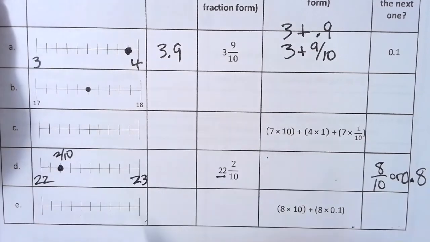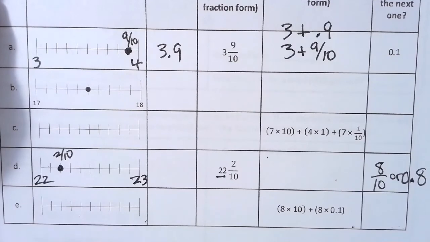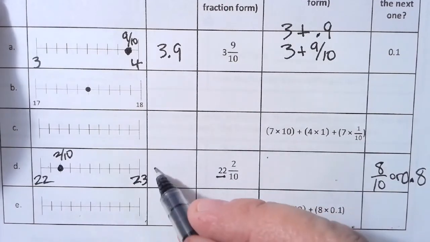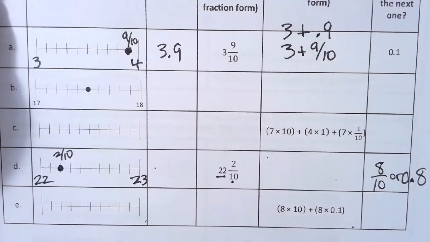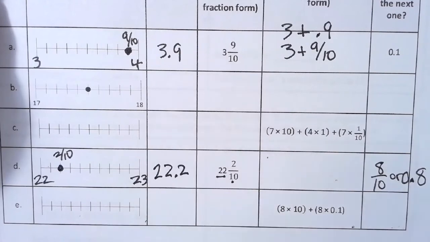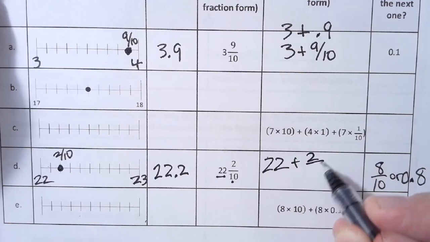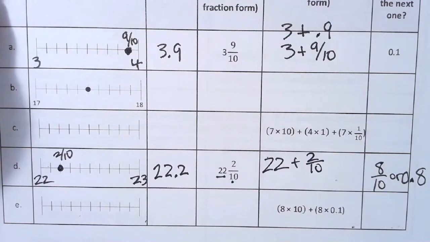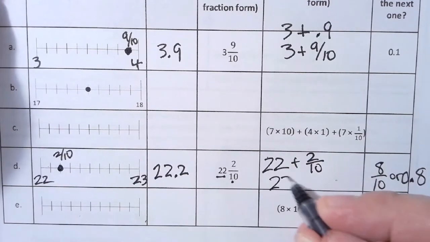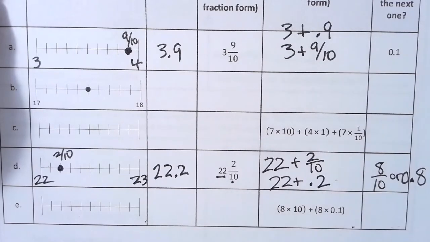Okay, maybe up here I should say this is 9/10. Now the decimal form. Simple. Remember that tenths is the first place after the decimal point, so that's 22.2. Expanded form, 22 plus 2 tenths for the fraction form, and 22 plus 0.2 for the decimal.